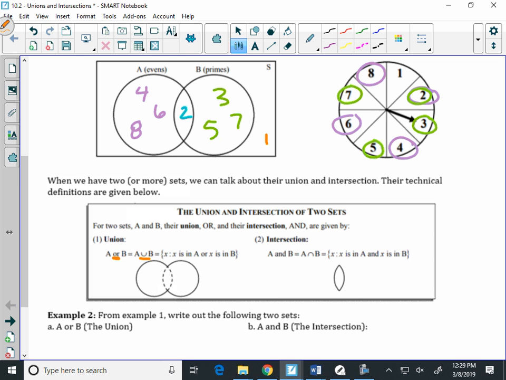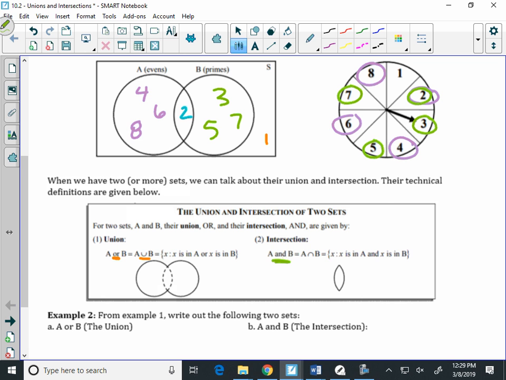One way of looking at it, the union is what's in both circles of a Venn diagram. It's what's in both sets, combined as one big set. The intersection of two sets is associated with the word and.